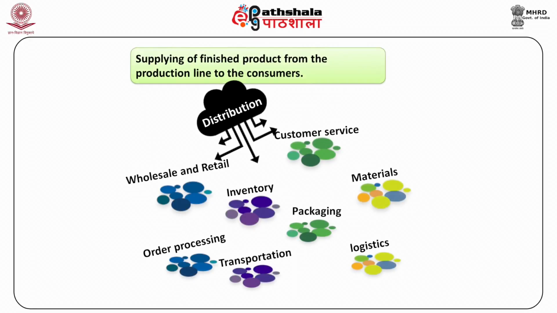Distribution means supplying the finished product from the production line to the consumers. The distribution covers various types of sales distribution channels such as wholesale and retail, and also includes crucial areas of decision which include customer service, inventory, materials, packaging, order processing, and transportation and logistics.